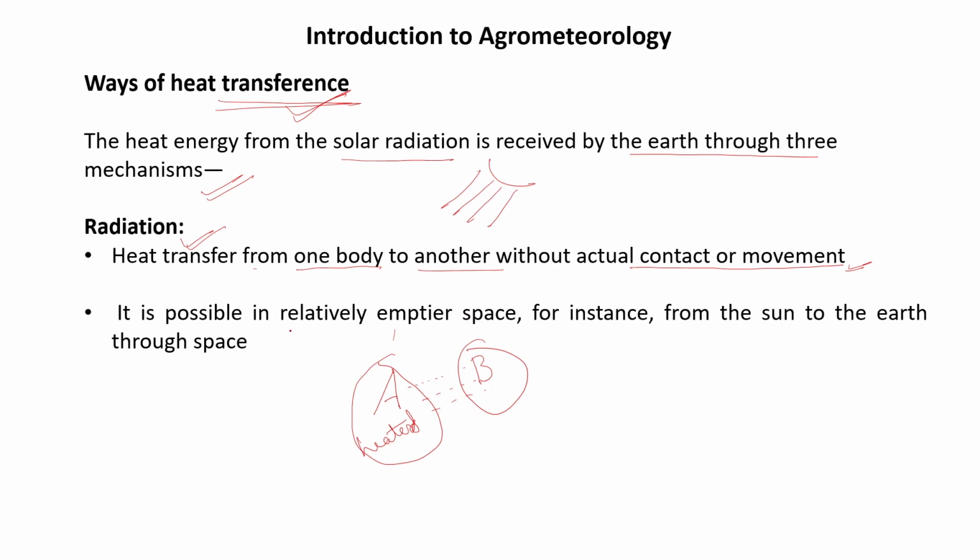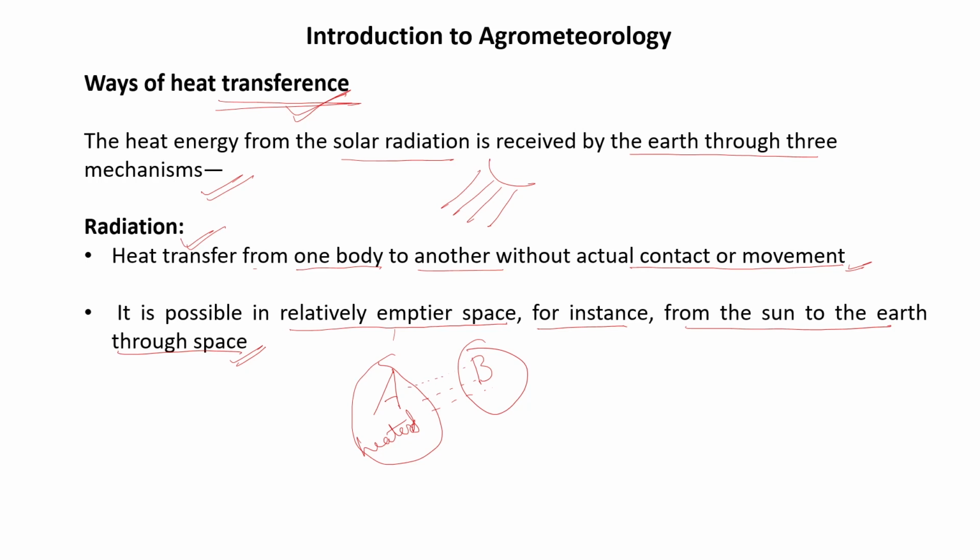It is possible in relatively empty space, for instance, from the sun to the earth through space. The sun is so far away from our planet Earth, right? And the sun is heated. There is a lot of heat there. So that heat comes to the Earth's surface with the help of radiation.